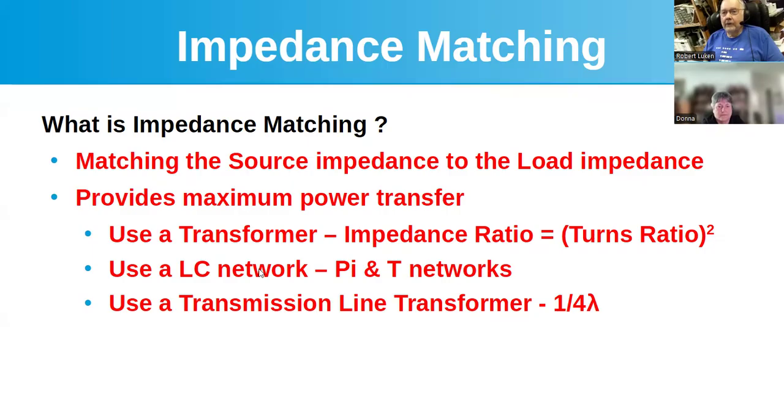Or we can use an LC network of inductors and capacitors configured as a pi or a T. Or we can use a quarter wavelength of transmission line. So the main thing to remember is you can use all three of these methods for matching.